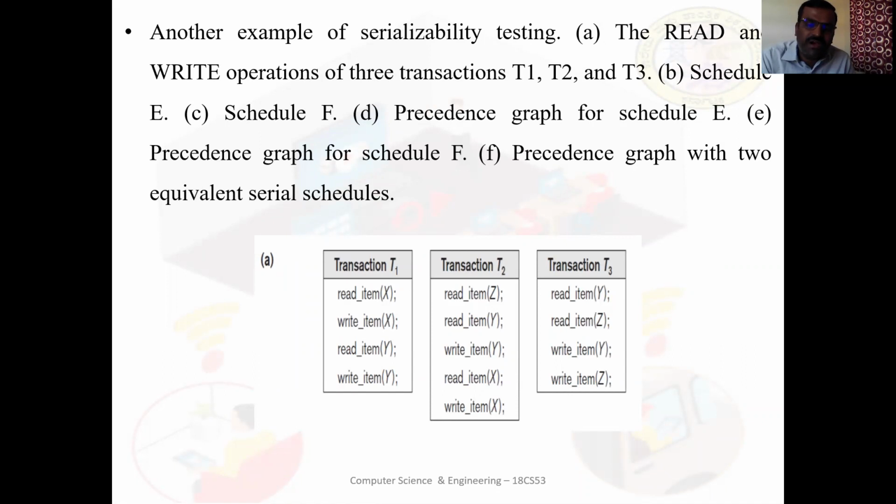In transaction T1: read, write, read, write. In transaction T2: read, read, write, read, write. Transaction T3: read, read, write, write. Each consists of a number of read and write operations.